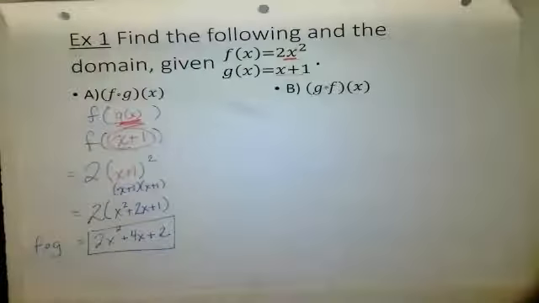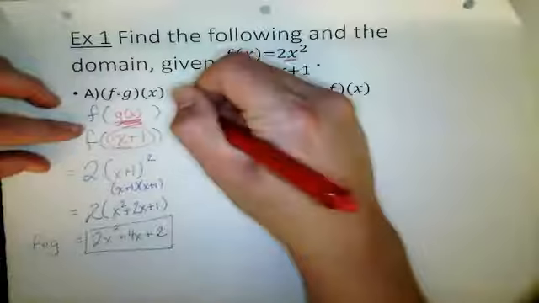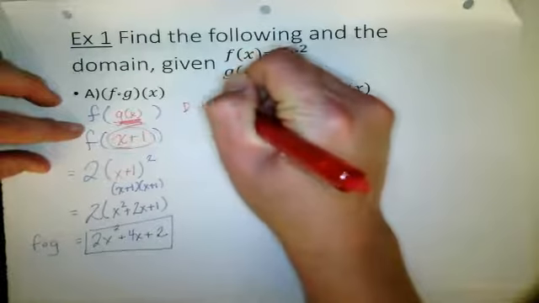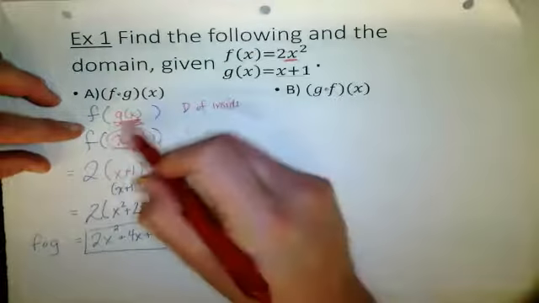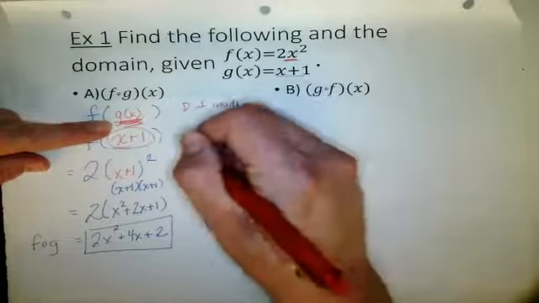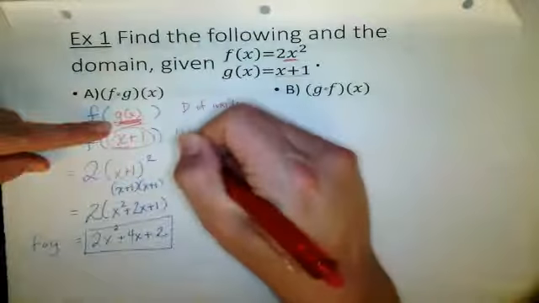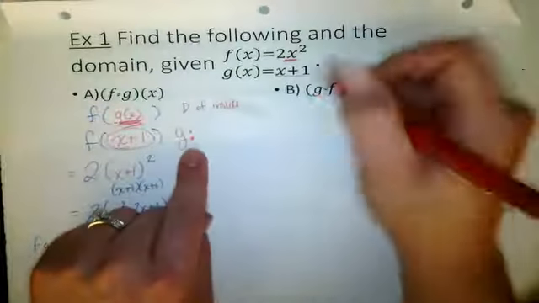That's the resulting function, but we also need to figure out the domain. The domain is the domain of the inside piece, which is g of x.